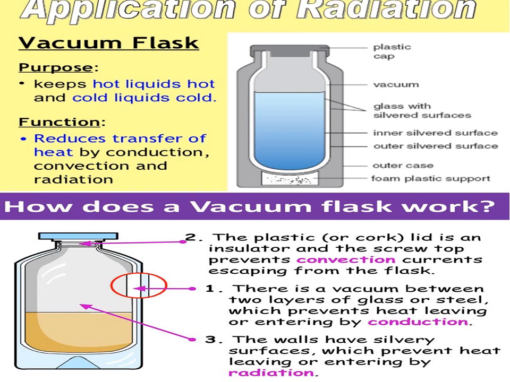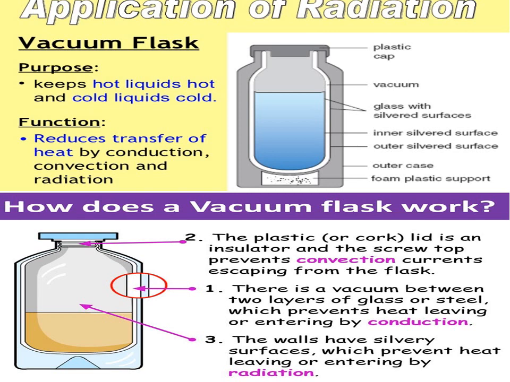The outer casing of a thermos flask is made up of plastic or metal. Plastic, being a poor conductor of heat, acts as an insulator, preventing heat loss through conduction. Inside it is a double-walled container made of glass or stainless steel.